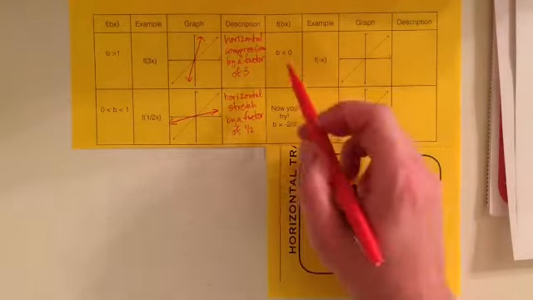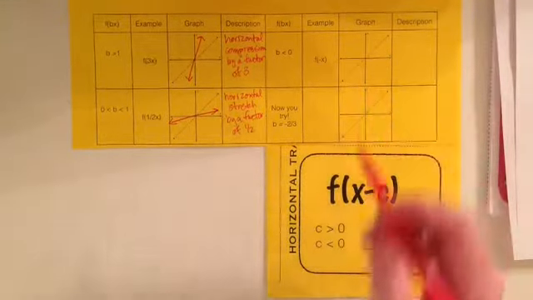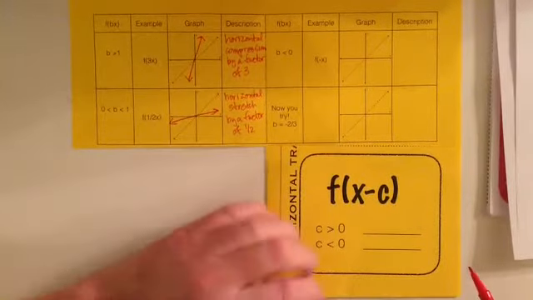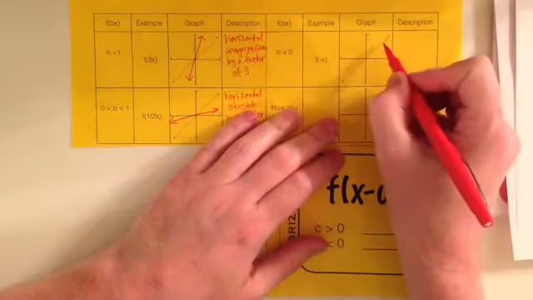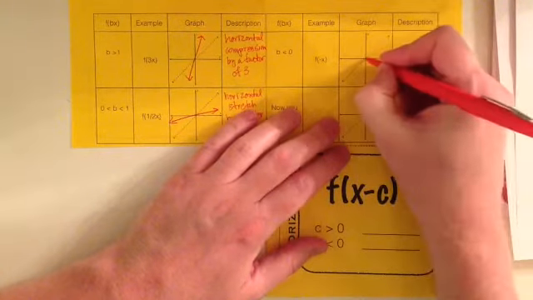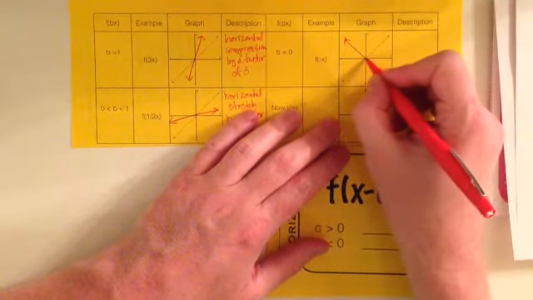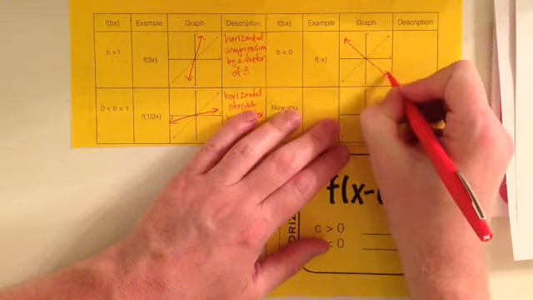Now when b is less than 0, again a negative number, we just called it -1, then we have a reflection across the y-axis. So instead of this part being here, we're going to reflect it across the y-axis, which means it's going to go here. Same thing, this bottom part, reflect across the y-axis, goes here.